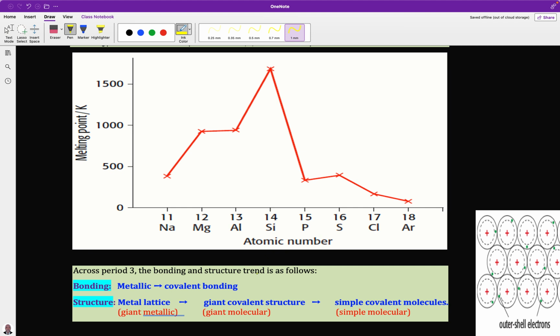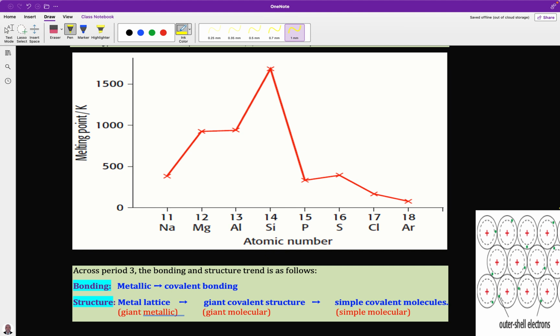In terms of the melting point, for the trend here, the melting point for silicon is highest in this period. Silicon has the highest melting point because of a giant molecular structure, which we also call a giant covalent structure, due to the tetrahedral arrangement of the Si bonds.